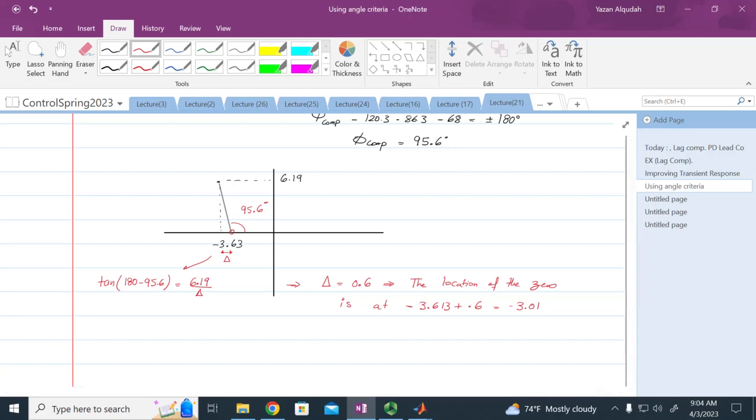So my controller is going to equal K multiplied by S plus 3.01.